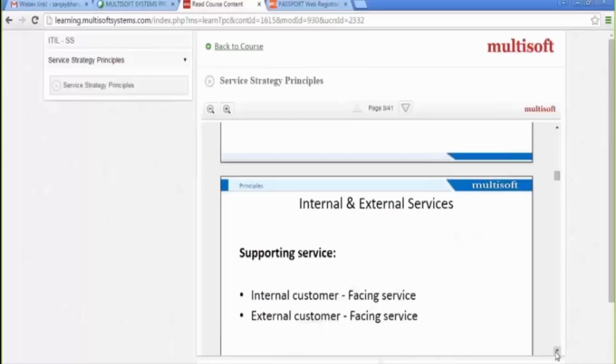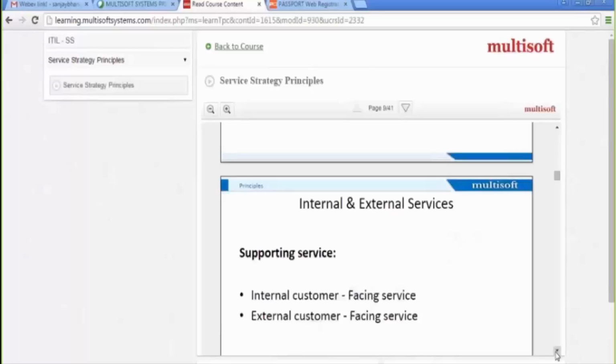So basically two kinds of assets we discussed: one is visible asset, one is non-visible asset. Visible assets are the capital amount, the information, the application. And the invisible ones are knowledge, skills, processes, right?